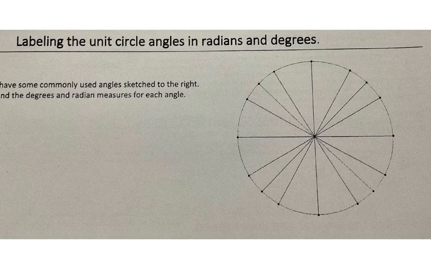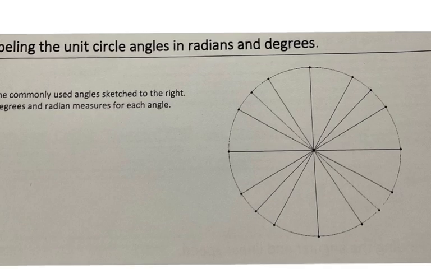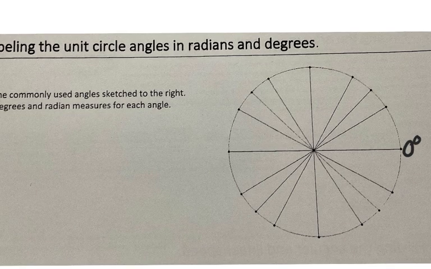These are the ones that you need to be able to convert very quickly. Okay? So if you rotate nowhere, that puts you right here. This is 0 degrees. And let's just rotate all the way around in degrees first. So we rotate 30, 45, 60, 90.